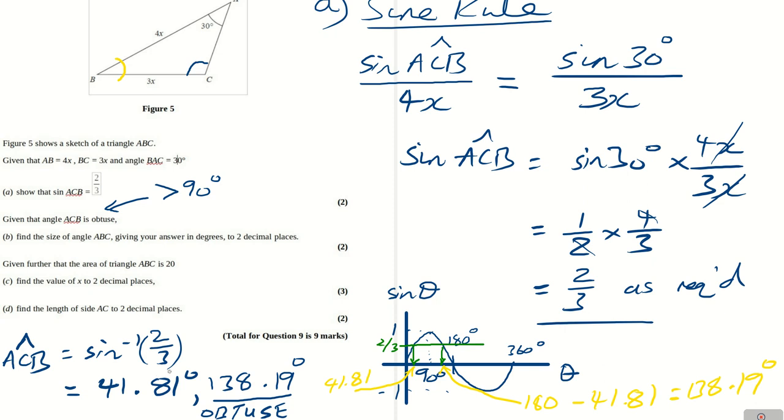Okay, so now we know that this angle is 138.19, and it's quite easy then to find angle ABC, because we just subtract the other two angles, 30 degrees and 138.19. We subtract those, of course, from 180. So I'll do that up here.